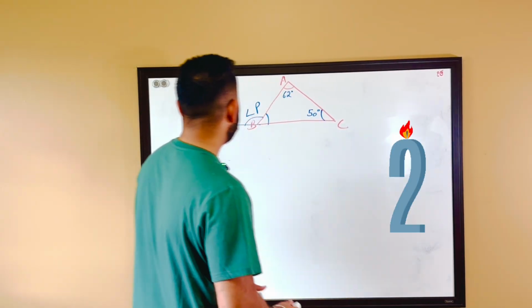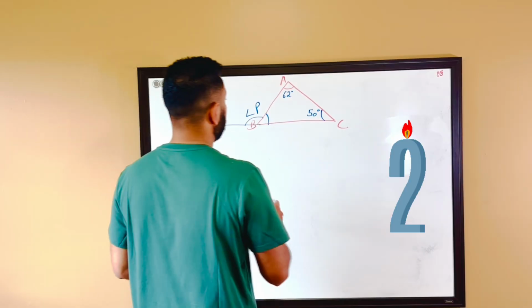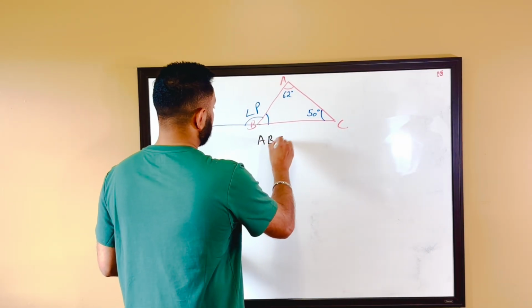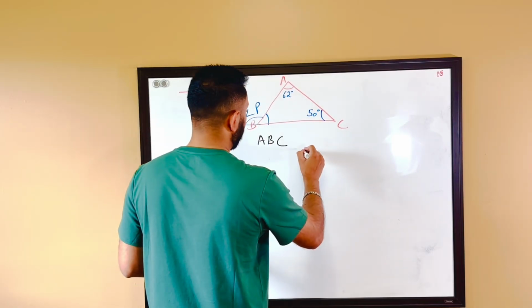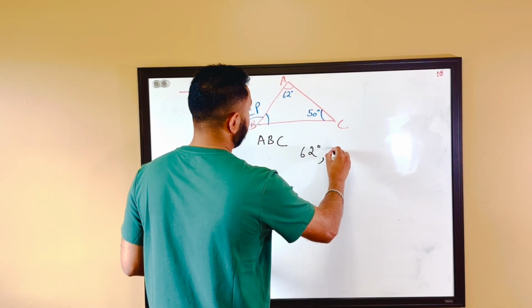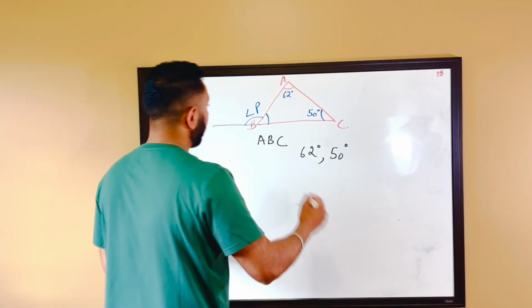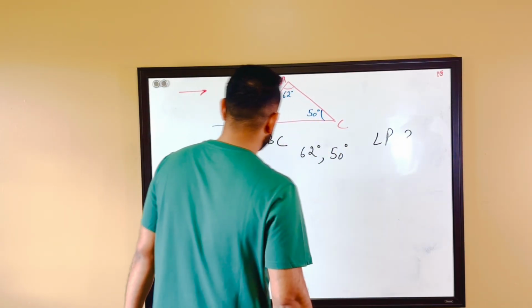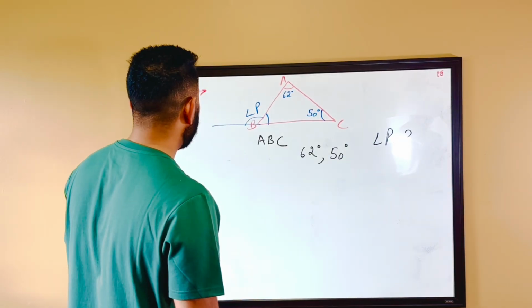So the second example is we are given this triangle, triangle ABC, and we are given two angles, 62 degrees and 50 degrees, and we need to find angle P. So how are we going to find angle P?